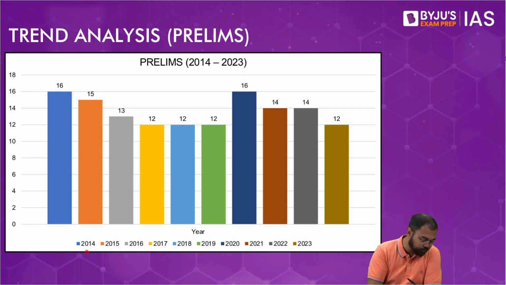Now, one thing to note here, especially when it comes to the prelims examination: science and technology as a subject is very, very crucial. Unfortunately, what we have seen over the years is that this is one of the most neglected areas, and one of the most misunderstood areas as well.